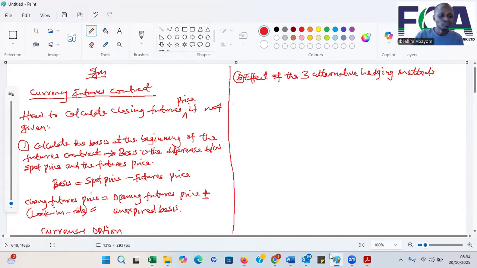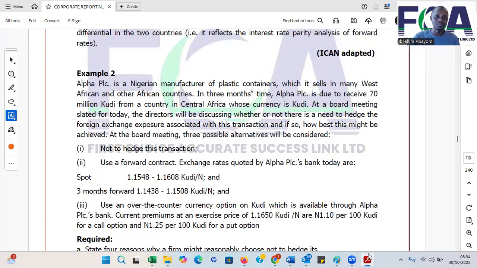The first method is what? It is not to hedge. We are saying we don't want to hedge. If the company has decided not to hedge, let's see what will happen.